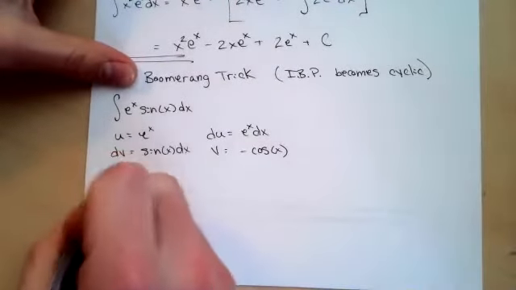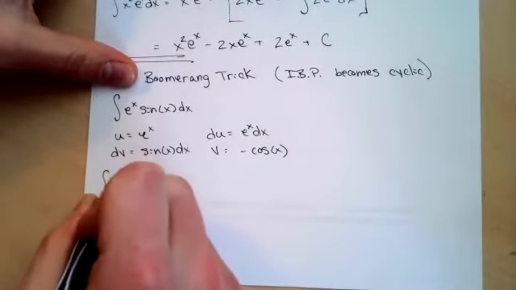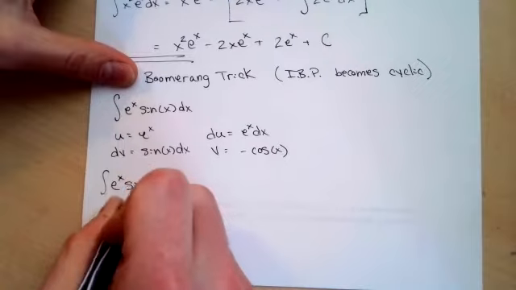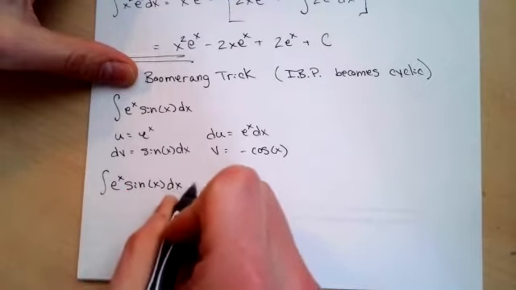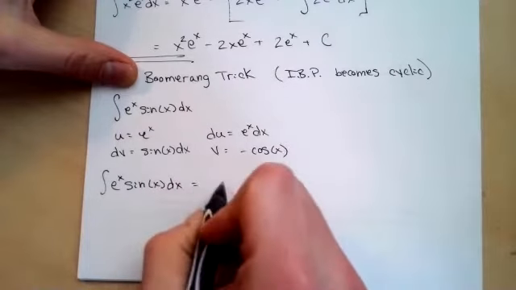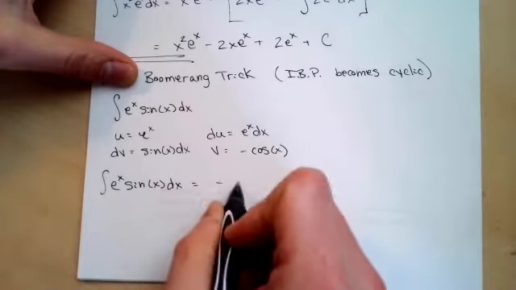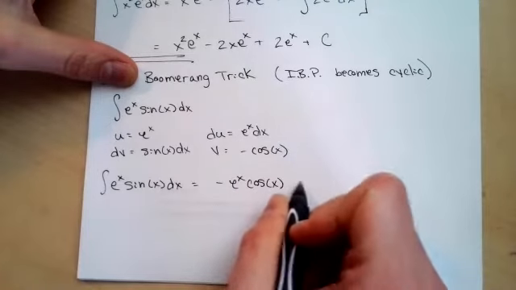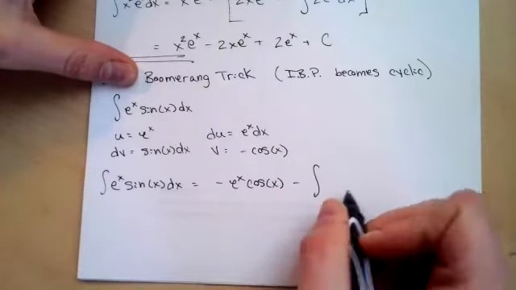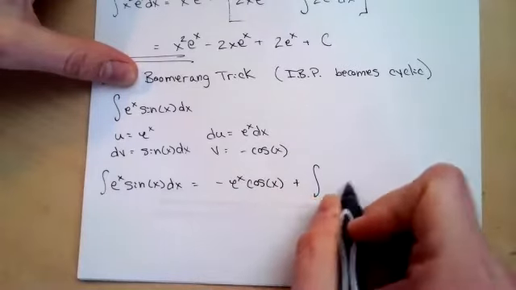And so we go ahead and write out our statement. Our original integral, e to the x times sine of x, is going to be equal to uv, so minus e to the x cosine x, minus the integral of v du.